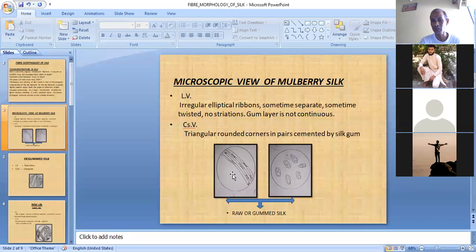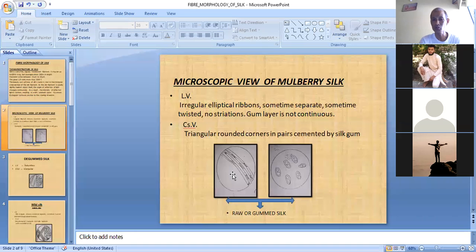A number of lines are found in some of the fibers. In the longitudinal view of some fibers like viscose and wild silk, some of these lines parallel to the length are found, and those lines are termed striations. But here in the case of mulberry silk, there are no striations found, and the gum layer is not continuous.